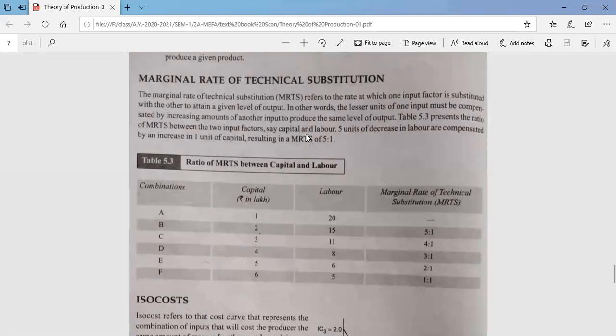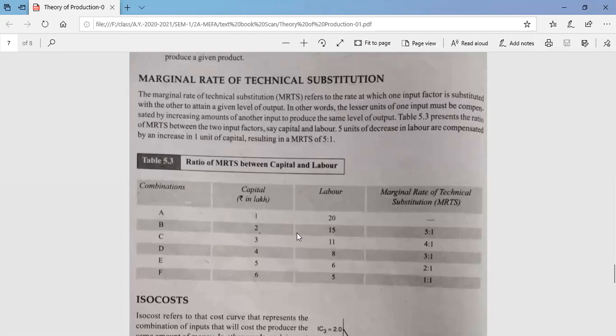Capital and labor, 5 units decrease in the labor are compensated by an increase of 1 unit of capital. So if my labor has been decreased once again to 11, I have to increase my capital 1 more unit. Right? That is marginal rate of technical substitution.